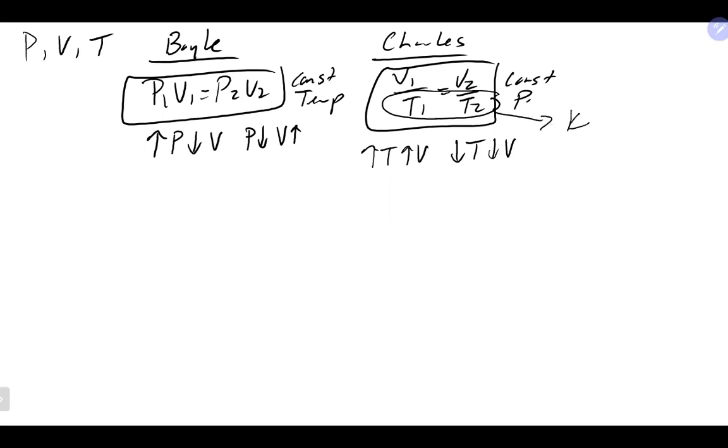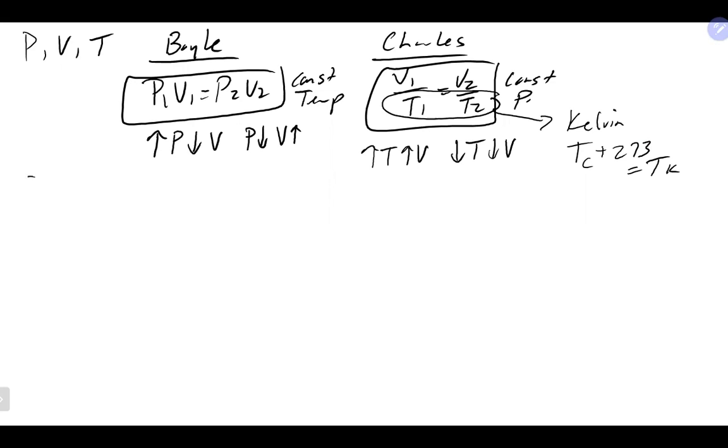So pretty much every gas law, temperature needs to be in Kelvin. So that's the temperature in Celsius plus 273 will give you that temperature in Kelvin. Remember, even problems where they give it to you in degrees Celsius, you've got to convert it to Kelvin, put it into the gas law, and then unconvert it afterwards.